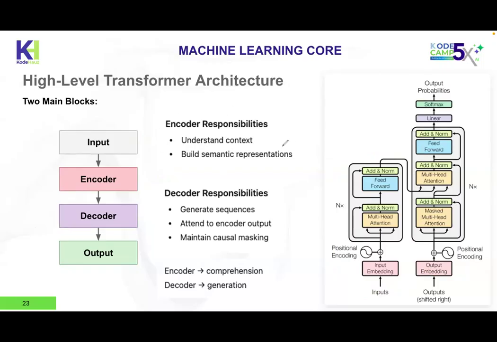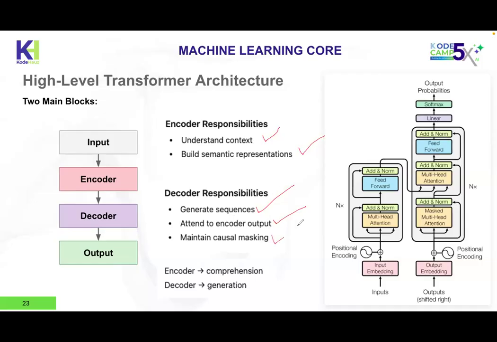First of all, let's talk about what each does. The encoder's job is to understand the context and to build the semantic representation. The decoder's responsibility is to generate the output sequence and to attend to the encoder's input. So the decoder needs to be checking the encoder input as it is generating the output sequence, so that the sequence it generates is relevant.